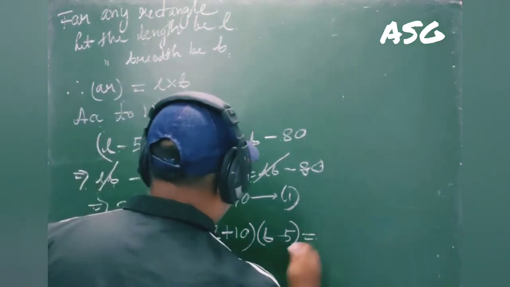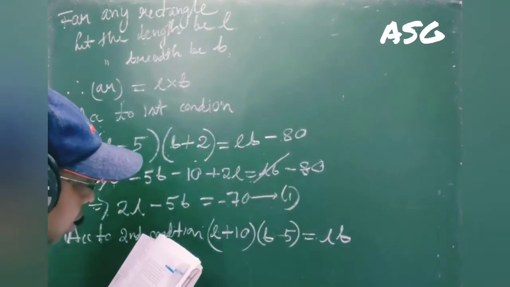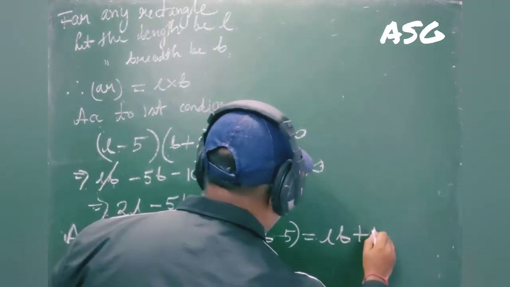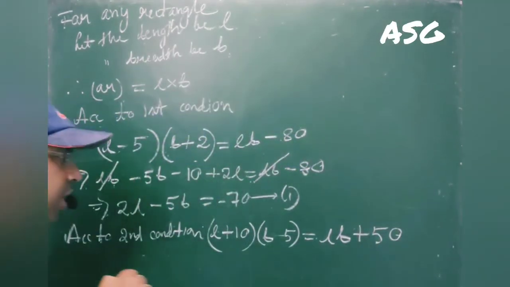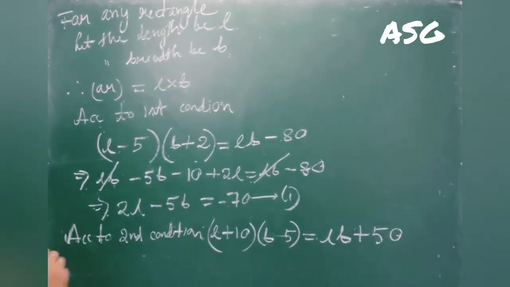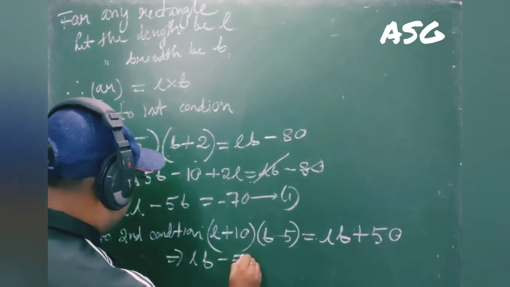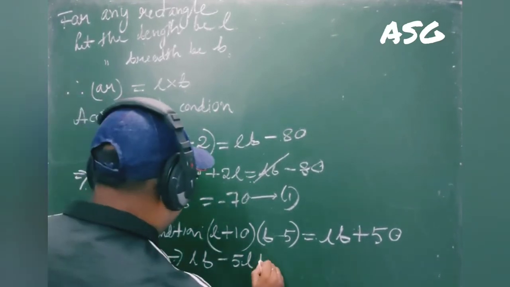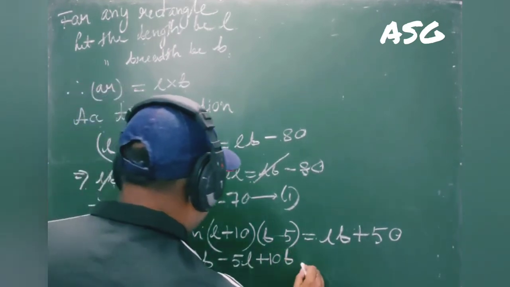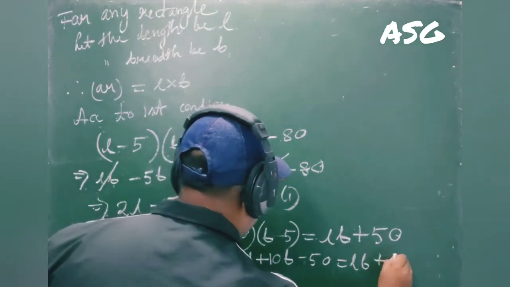Then what happened? The area is increased by 50 square units. Length into breadth, which is area. Increased means plus, the area is increased by 50 square units. So this is how we put the condition. Now if you multiply, you will get LB minus 5L plus 10B, then minus 50 equal to LB plus 50.